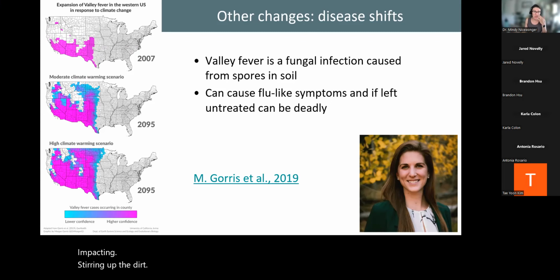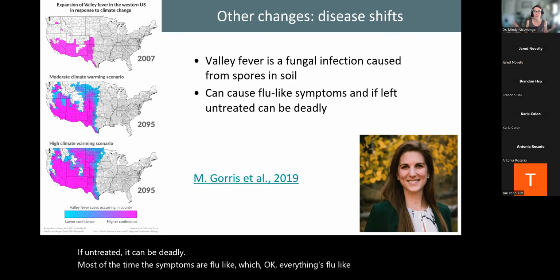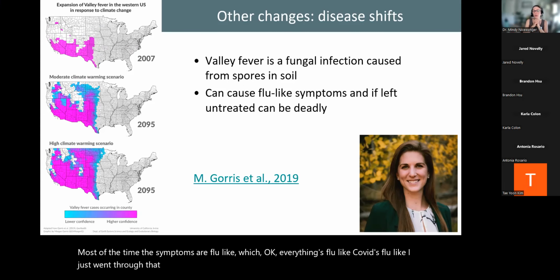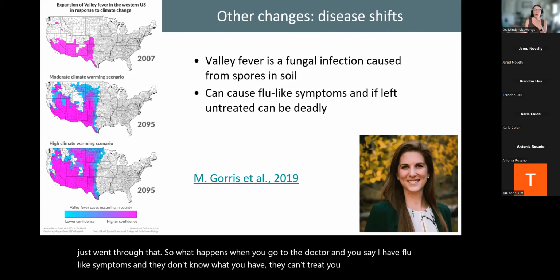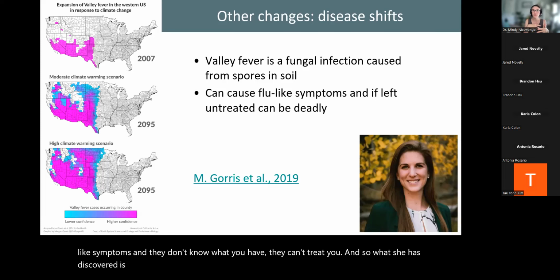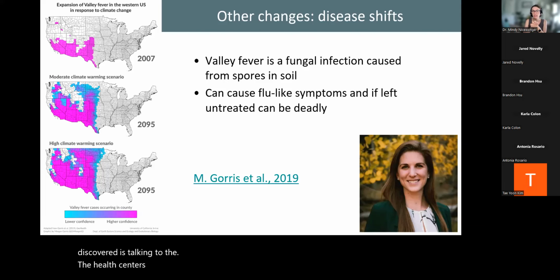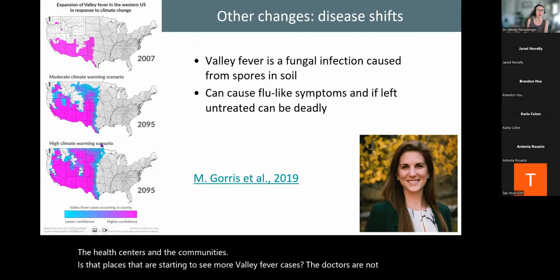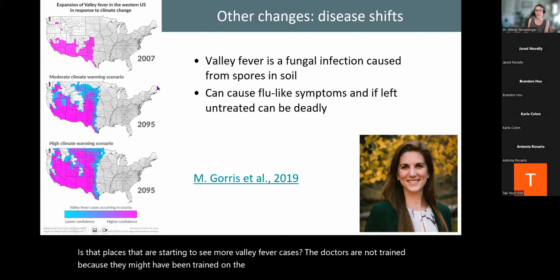If untreated, it can be deadly. Most of the time, the symptoms are flu-like, which, okay, everything's flu-like. COVID's flu-like. I just went through that. So what happens when you go to a doctor and you say, I have flu-like symptoms, and they don't know what you have? They can't treat you. And so what she has discovered from talking to the health centers and the communities is that in places that are starting to see more valley fever cases, the doctors are not trained because they might have been trained on the East Coast, where valley fever is not an issue.